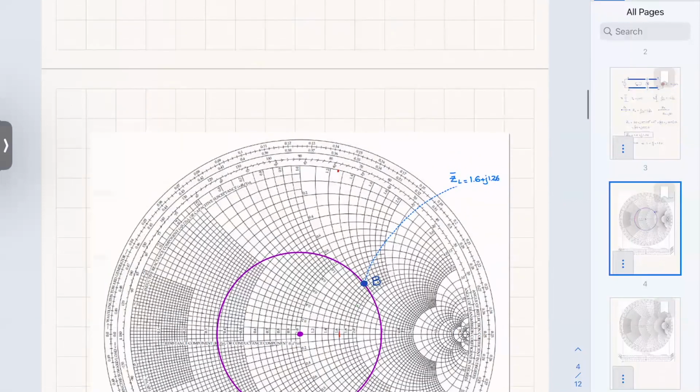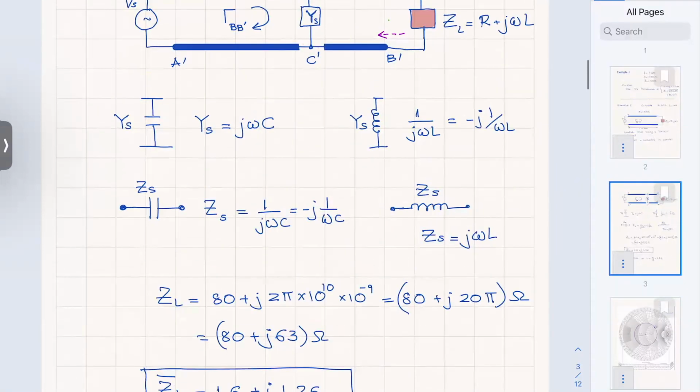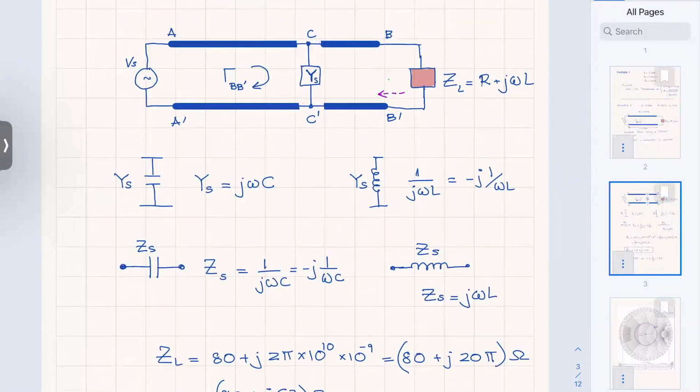So I'm going to move on this line from point B to point C. And in fact, here is the best thing to do, I would suggest for you, because it's going to be easier for you to see it. Even if they are the same points, you can put a point C here and C prime, and put a point D here and D prime. It does not matter that they are reversed, even if they are the same points.